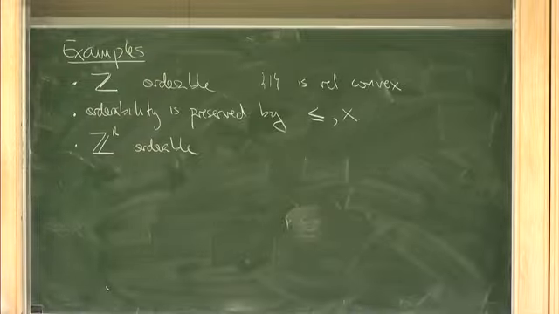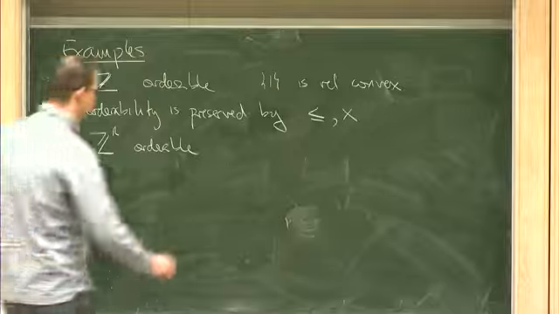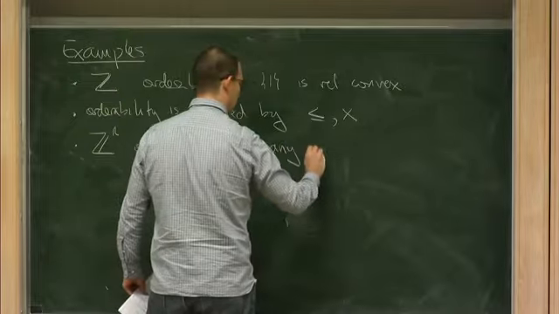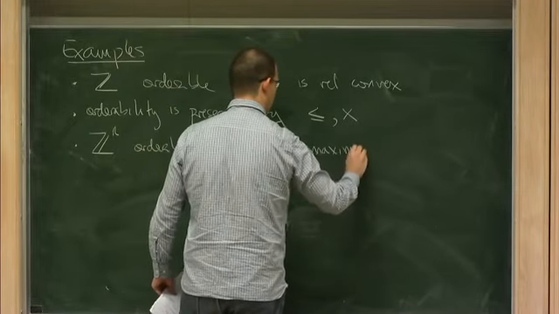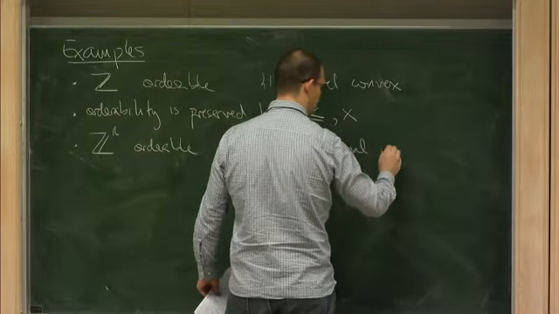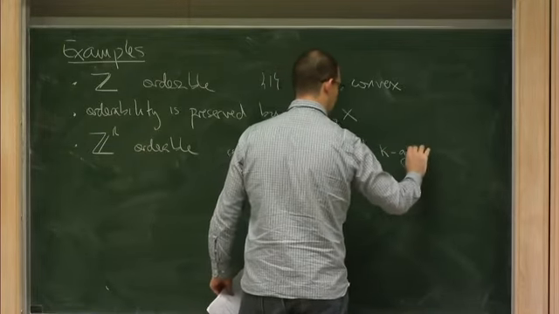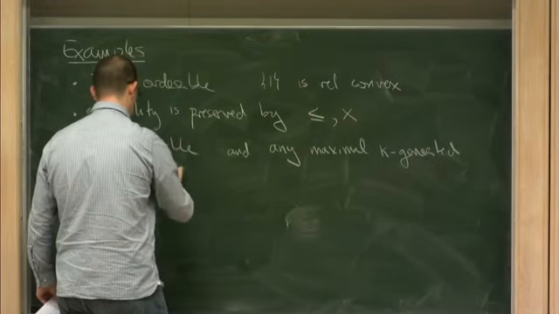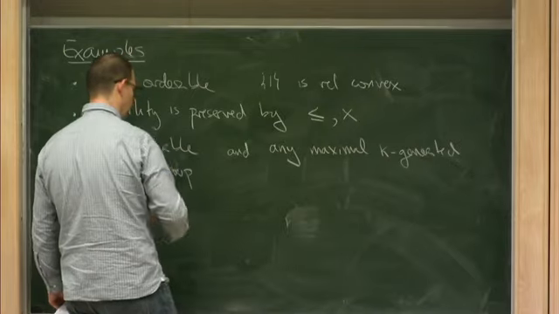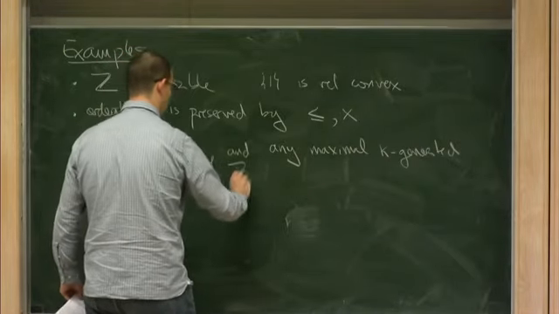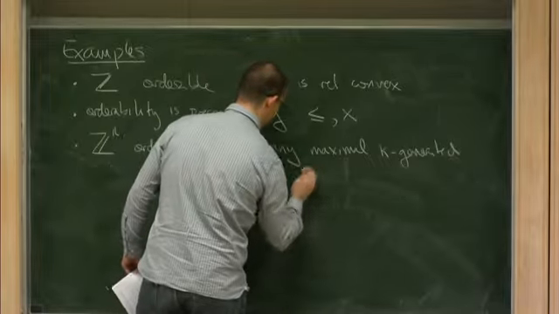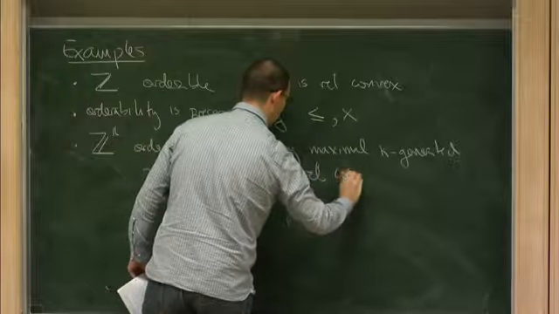So a product of groups is orderable, and any maximal k-generated subgroup of Z to the n is relatively convex.